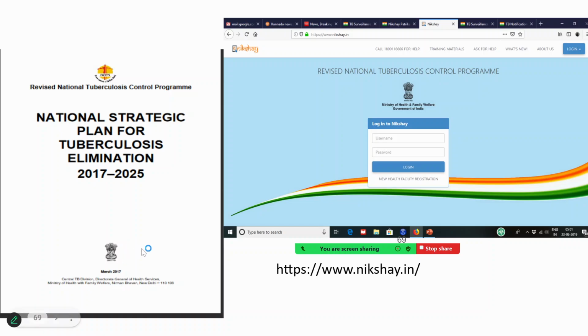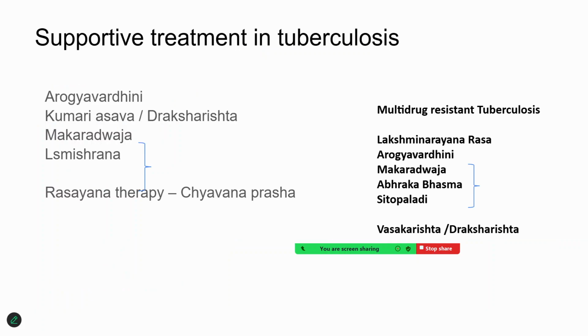So essentially, once the diagnosis of tuberculosis is made, it's mandatory that you report the case on the website, and the treatment is the responsibility of the administration. The medicines are given free of cost. The patients also are given some cash incentives to maintain treatment.